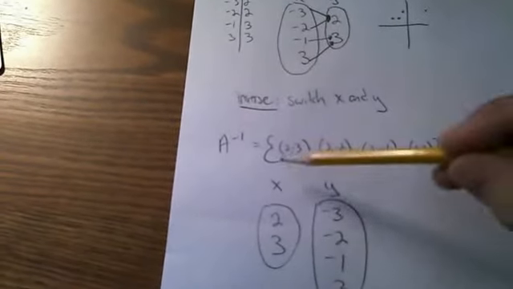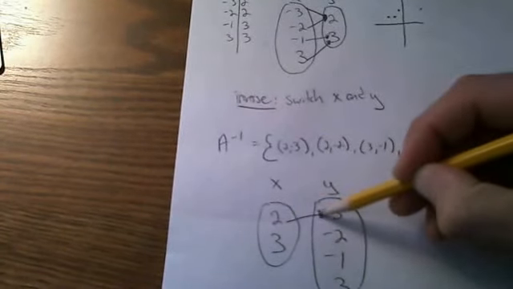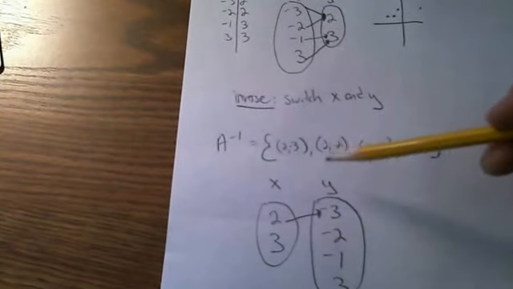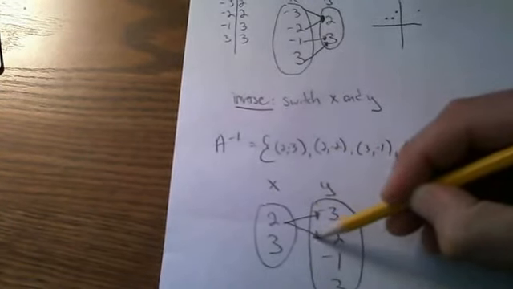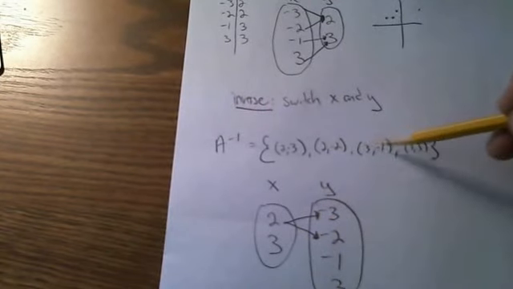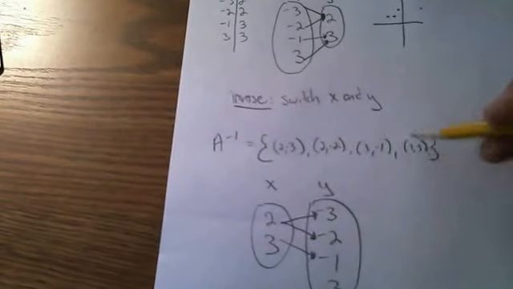So if I look at my ordered pairs here, 2 becomes -3. 2 becomes -2. 3 becomes -1. And 3 also becomes 3.